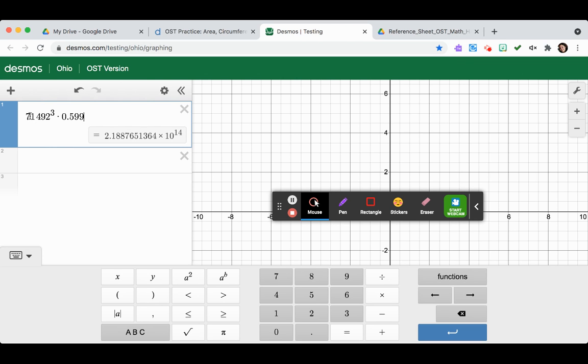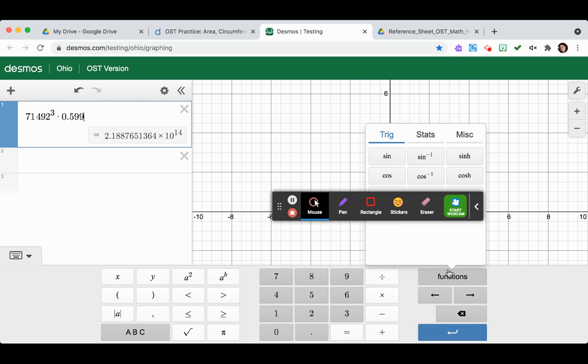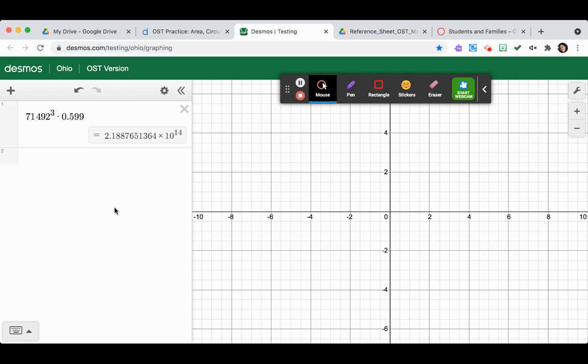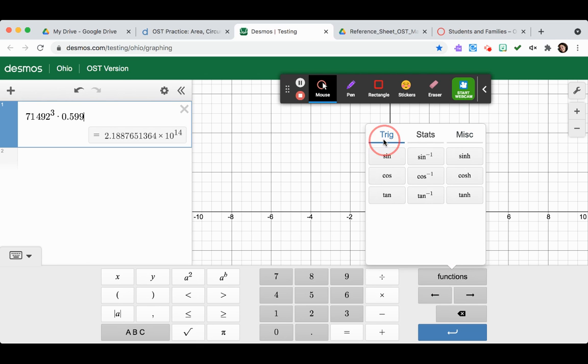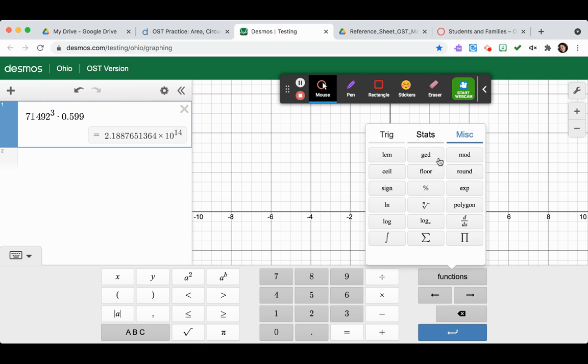To get the third root of this large answer, we need to use the third root button. You're not going to use this one. This is square root. So you're going to have to go to functions and go to miscellaneous. And it's going to be the root with the n on it.